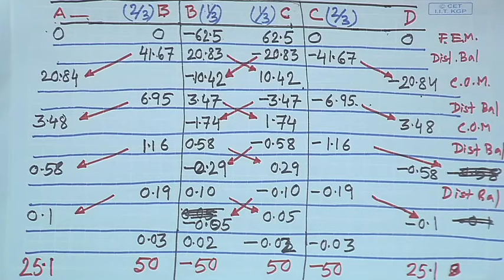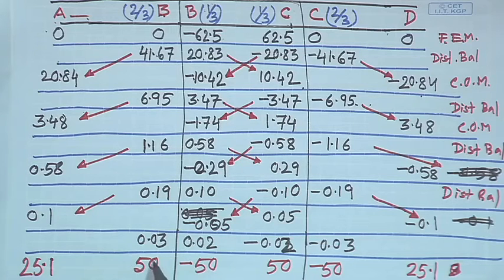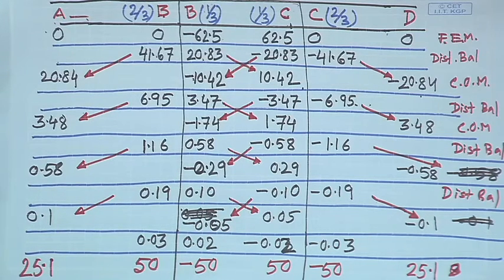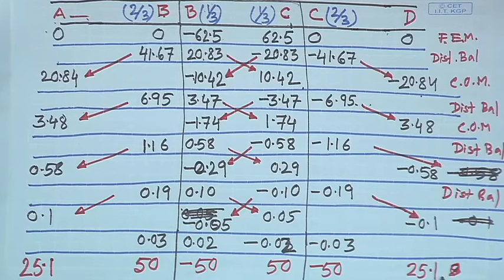If you compare this result with the slope deflection result, if I remember correctly, the values you obtained were 50 and minus 50 at joint B, and at joint A it was 25.0 and at joint D it was 25.0.